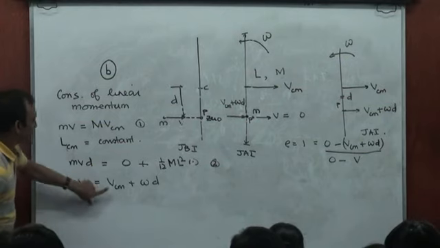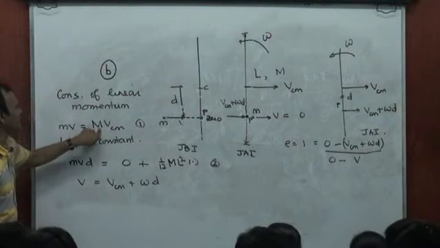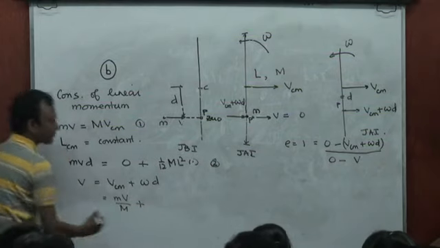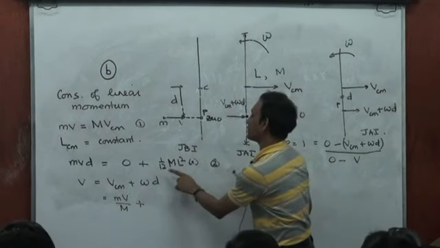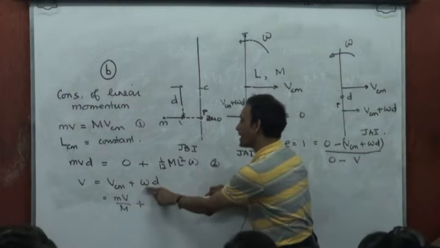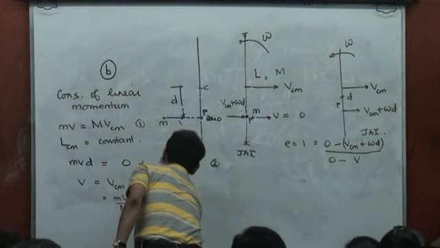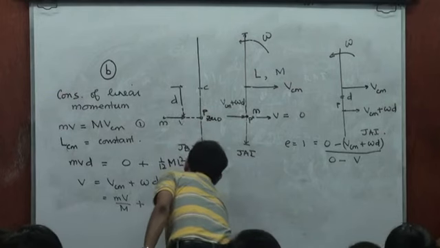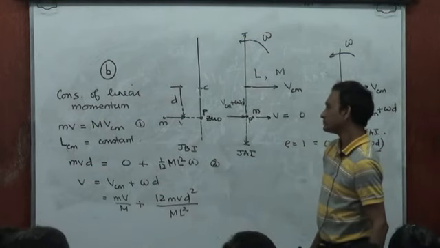Now it's all algebra. This VCM, for example, I can write as mv by capital M. This omega I can write as 12 mvd divided by capital M L squared. And omega d gives omega d squared.